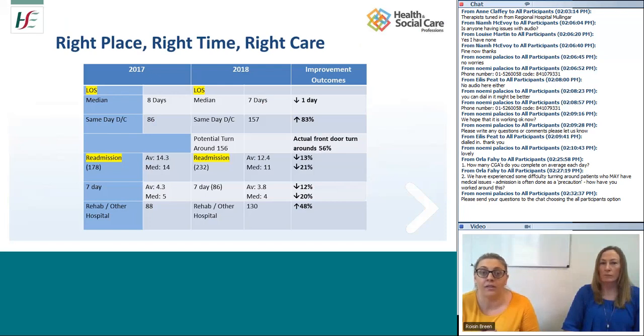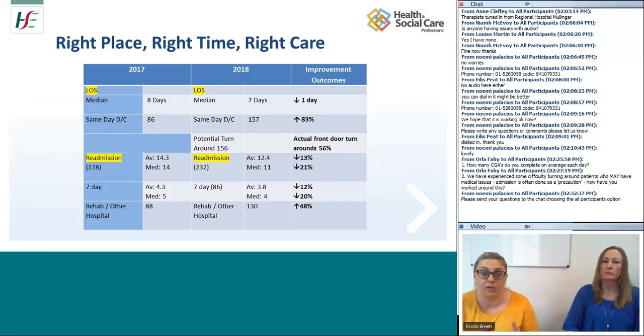And when we're looking at right place, right time, we need to be thinking about the outcomes. So when people are going to the right place for their care, be it a medical admission and a specialised geriatric ward, or to a rehabilitation unit, it does prevent readmission rates. It does prevent long lengths of stay.